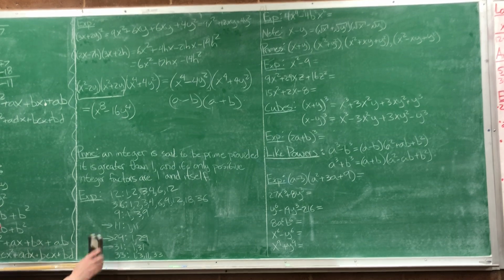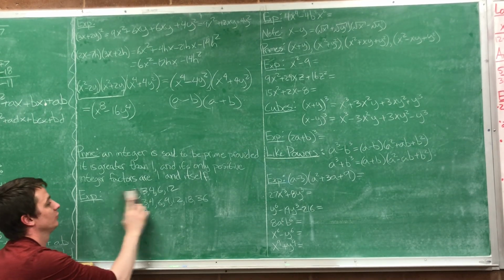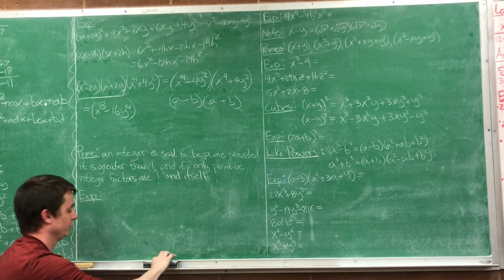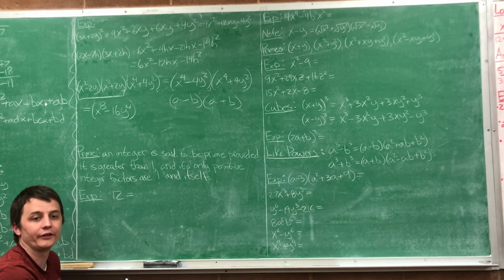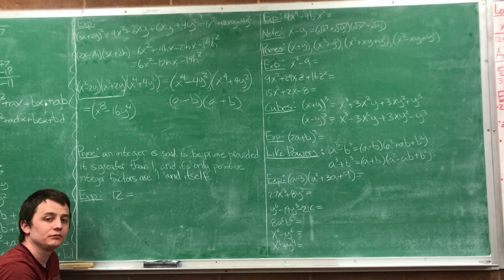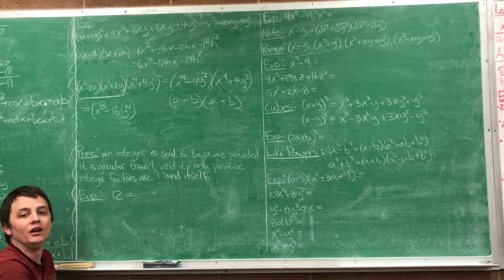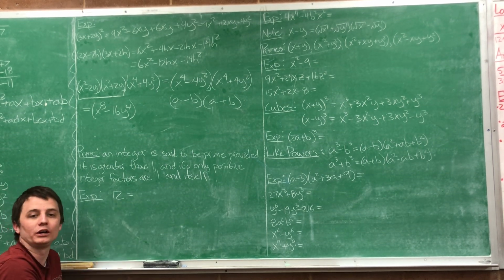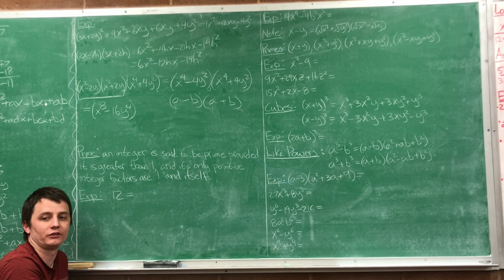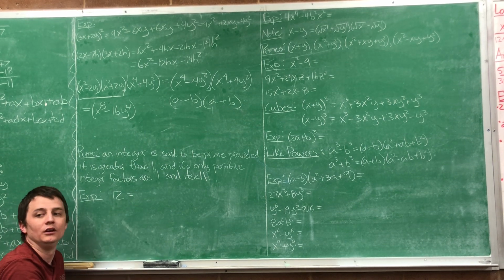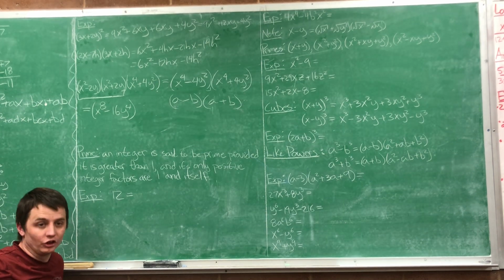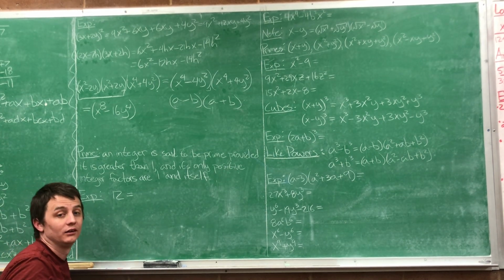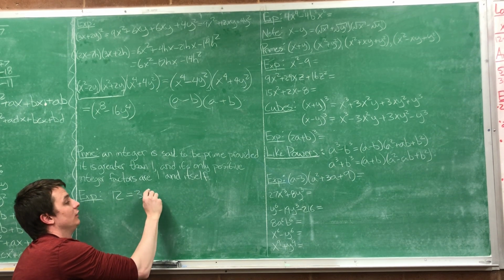Okay, so let's do it with the number 12 really quick. 12 is equal to, what are the factors of 12? 1, 2, 3, 4, 6. If you were to factor this number, what two numbers multiply together to give you 12? I could do 1 and 12, but that doesn't really get me anywhere. 3 and 4. Perfect.